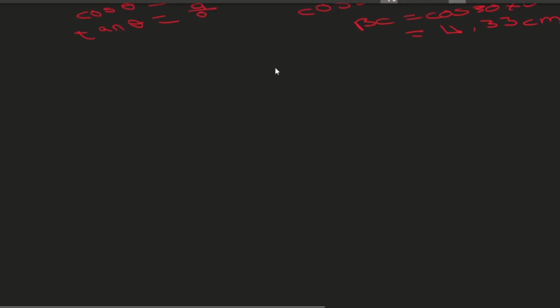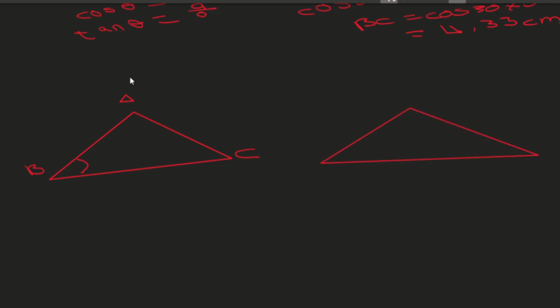So I'm gonna give you a triangle like that, and then I'm gonna give you that angle, and I'm gonna call this one A, B, C. And then I'm gonna give you another triangle, and I'm gonna call this one D, E, F.